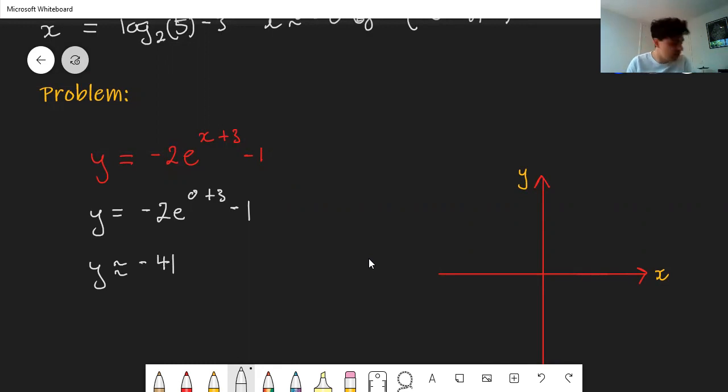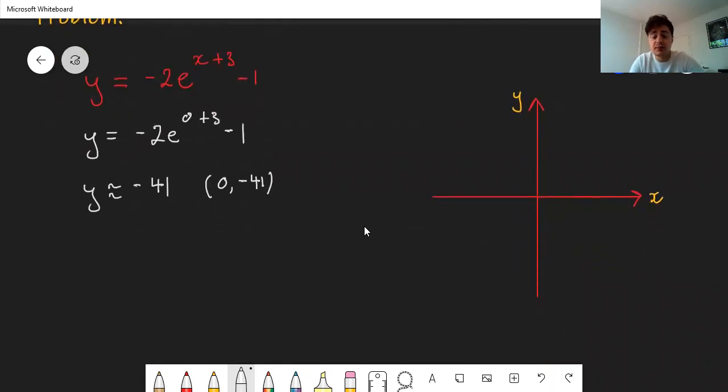It's actually -41.17, but we'll round it to -41 for simplicity's sake. So that means our y-intercept is (0, -41).